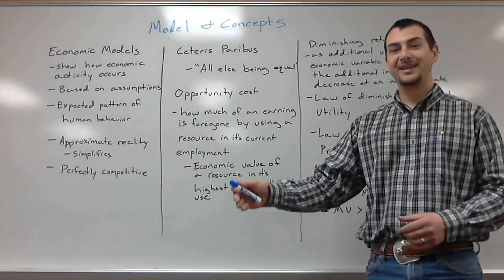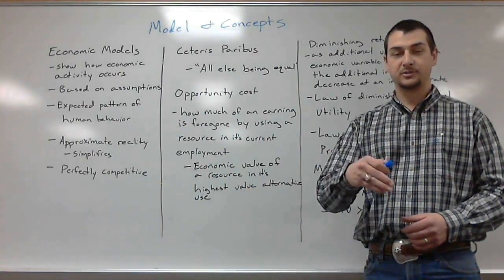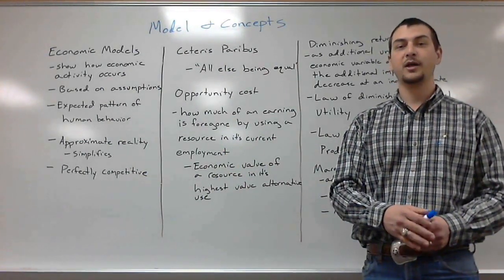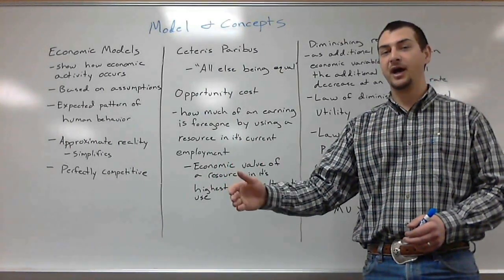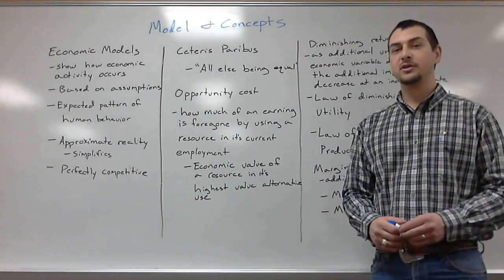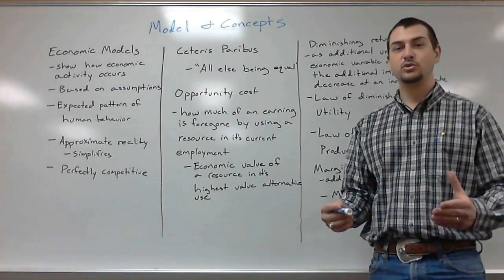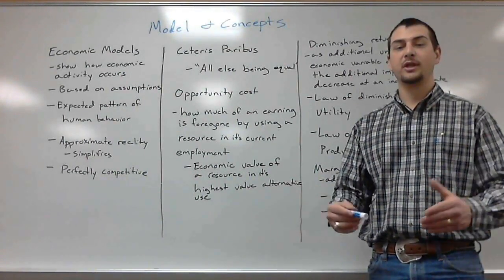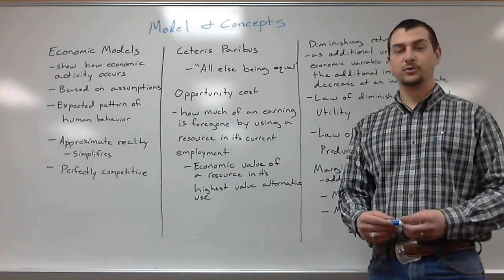So that foregone income, that foregone salary of you coming and getting your education here at Casper College, rather than going out and working, that amount that you give up by not working is your foregone income. So the opportunity cost is more or less how much are you giving up to use your resources, your time, your labor in its current employment, or any other type of resources.